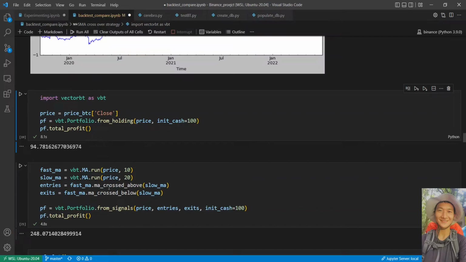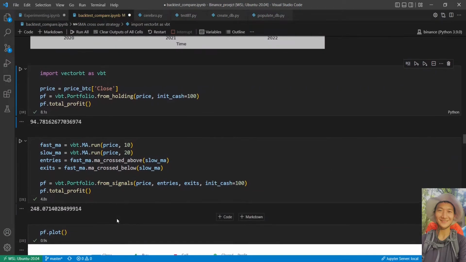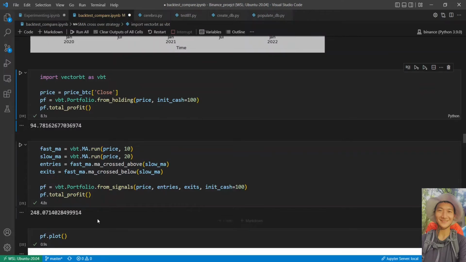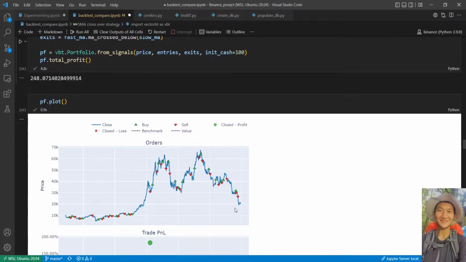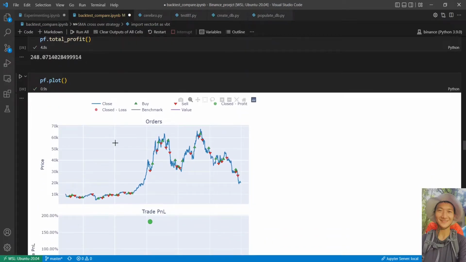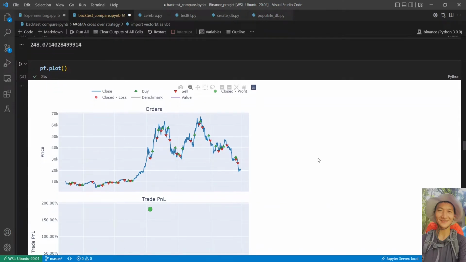After implementing this strategy, we can see the result. It's the same as what we just got as well. VectorBT also provides a plotting method to let us know the total performance of the trading.